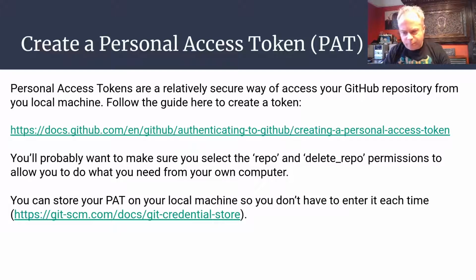I'm not going to tell you how to do that because there are really great documents and guides on GitHub itself which show you how to create an access token. When you're creating your token, make sure you give it the rights to delete repositories, which you might want to do from your local machine.